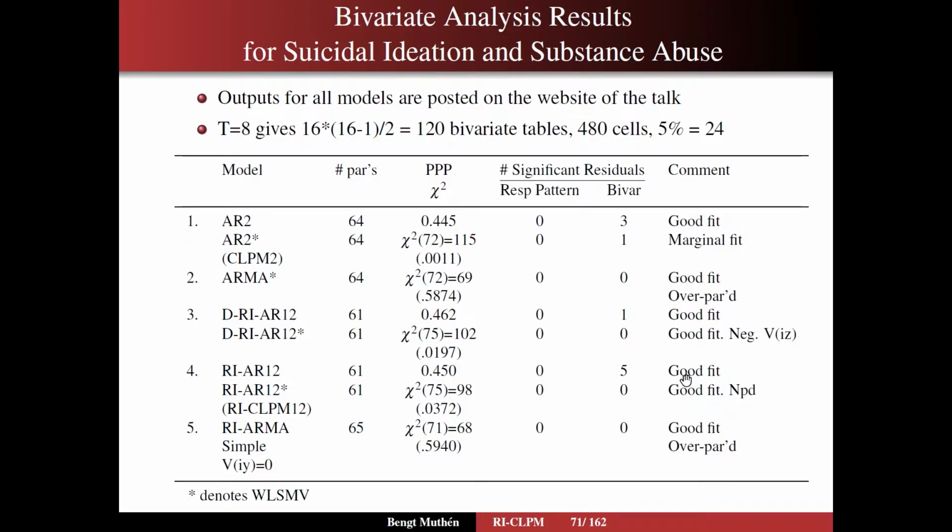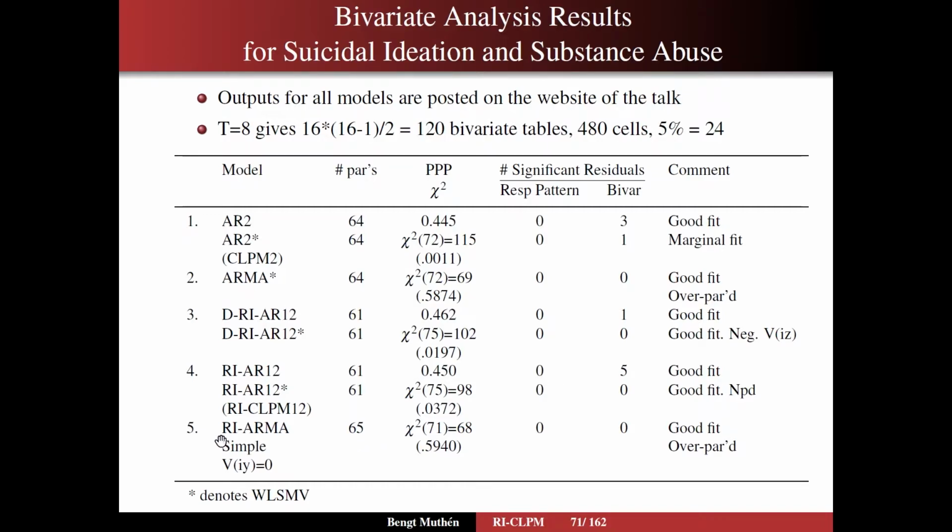So we have a very good fit here, and we have a good fit also for the WSMV version of that, except we get an NPD, non-positive definite solution, and in this case that's not a negative random intercept variance, but it's actually a correlation between the residuals, the contemporaneous correlations in one case is greater than 1. So it's not perfect for the WSMV version of the model, but Bayes does okay.